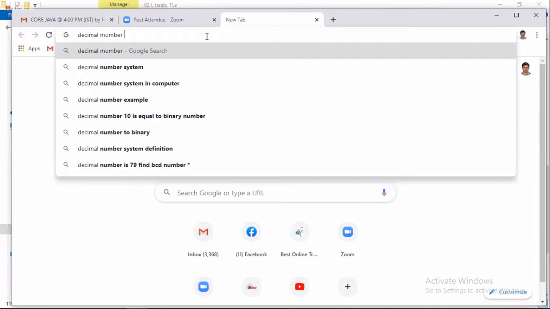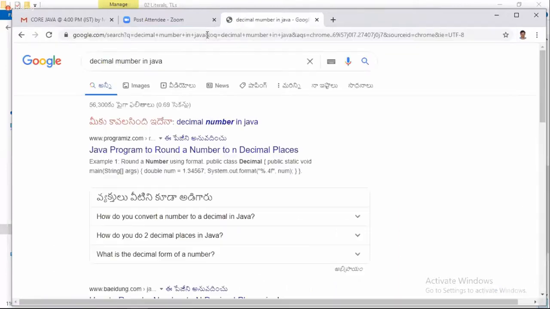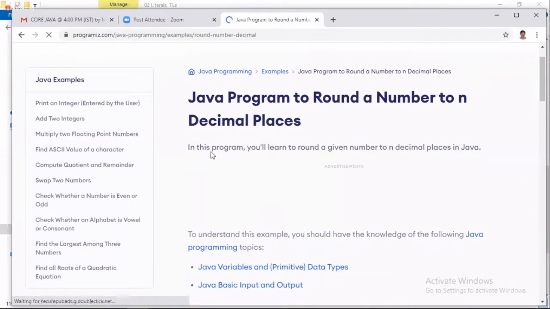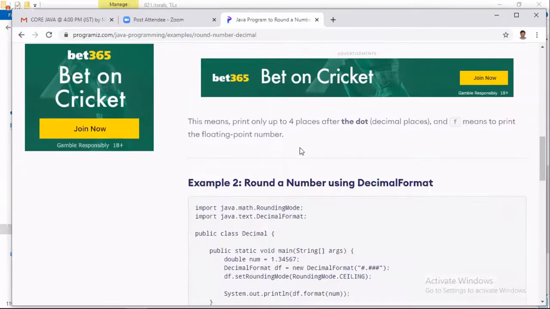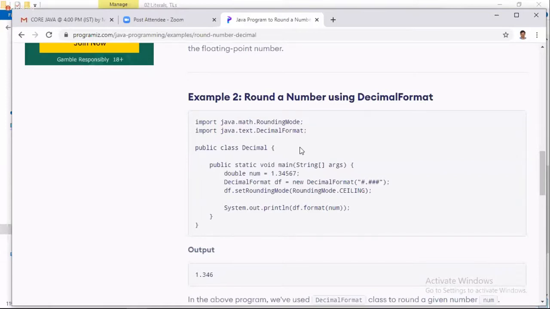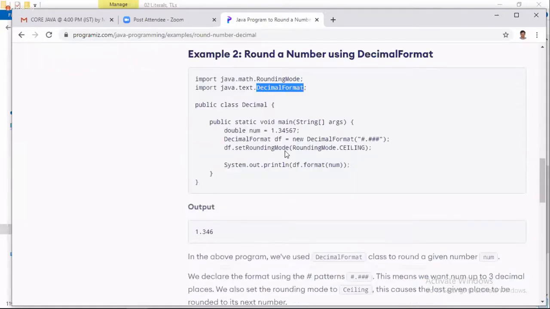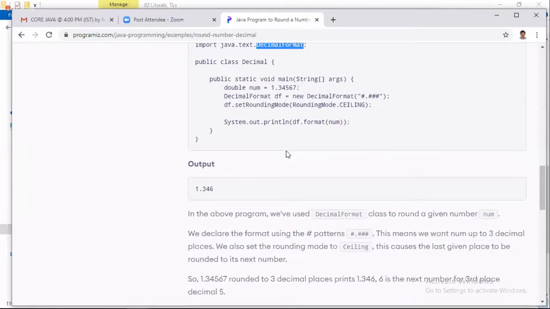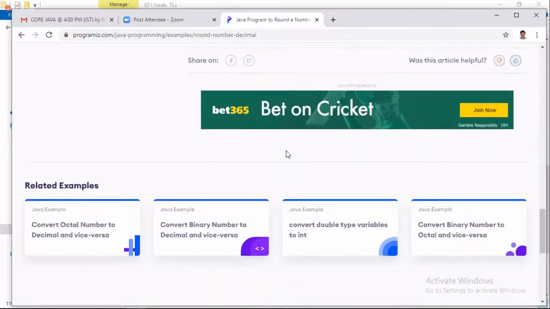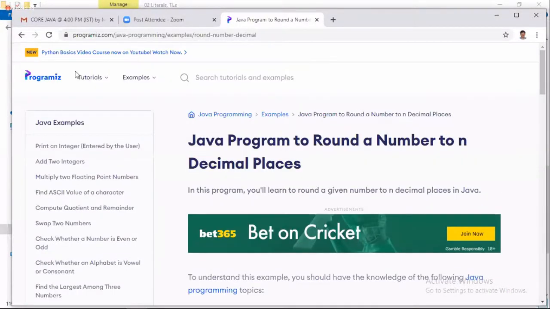Decimal number in Java. Decimal float. Okay, big decimal, big integer.